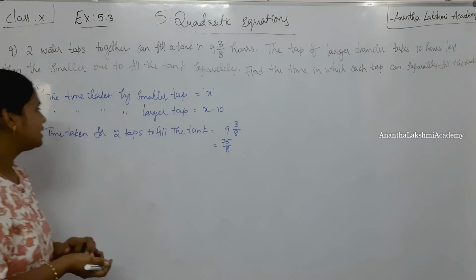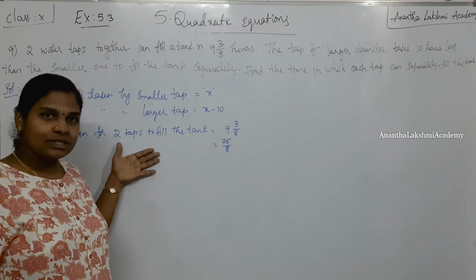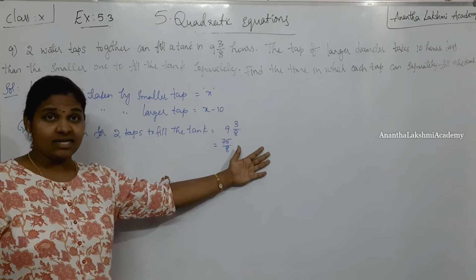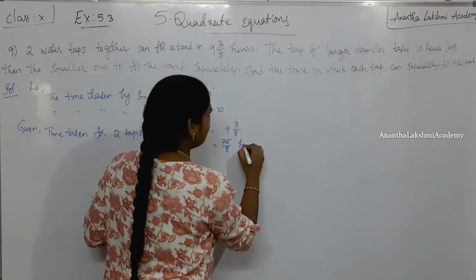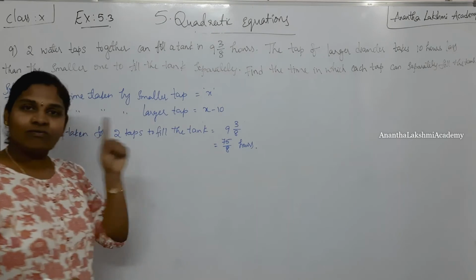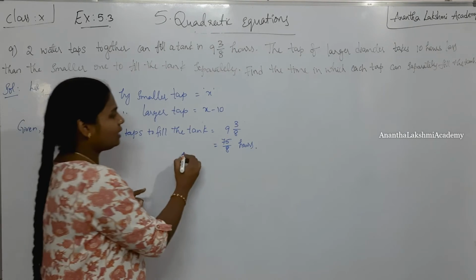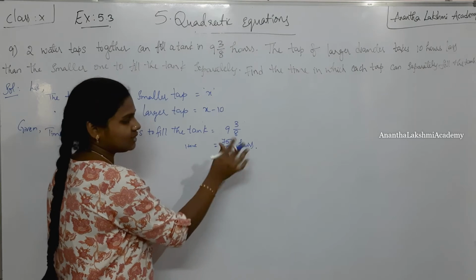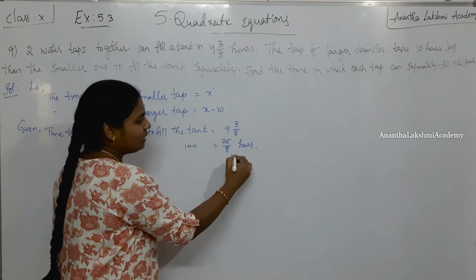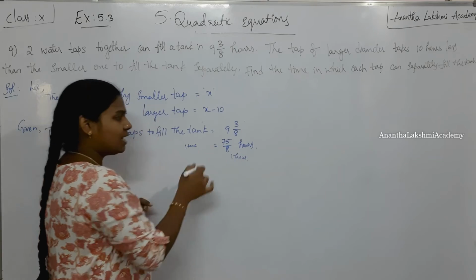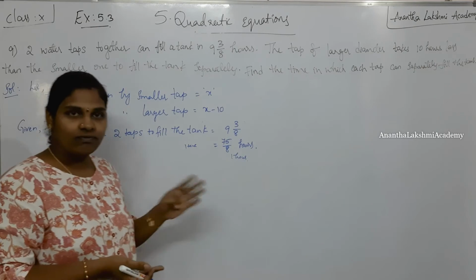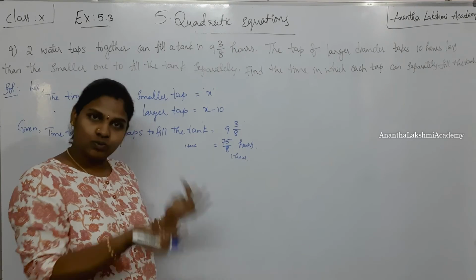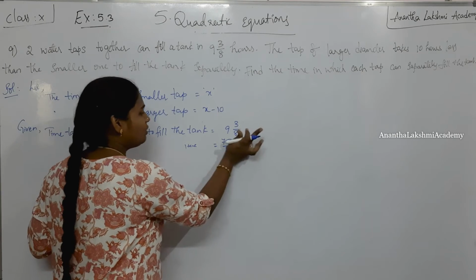Now, 2 taps took these many hours to fill one tank. Now in 1 hour, how much part of the tank can be filled when 2 taps are running? That is what we need to figure out.